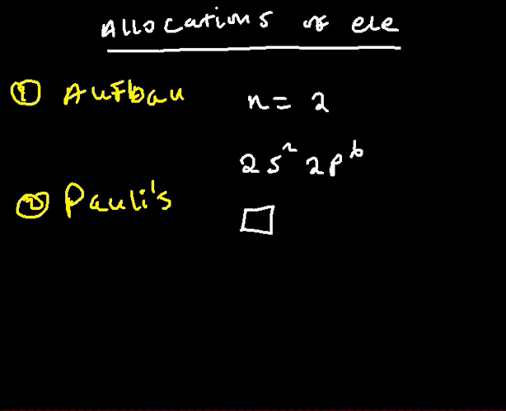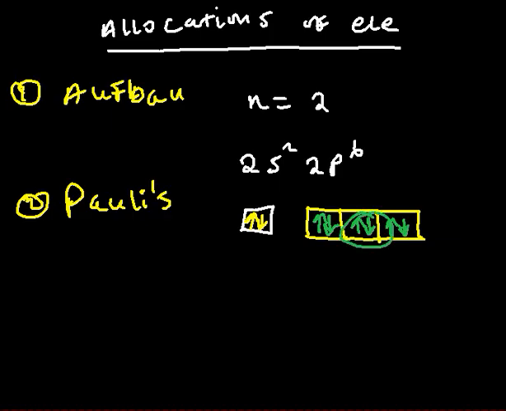Therefore, they must point in opposite spins. And in subshell p, there must be 3 orbitals, so that 2 electrons are in each orbital. According to the Pauli exclusion principle, these electrons point in opposite spins.